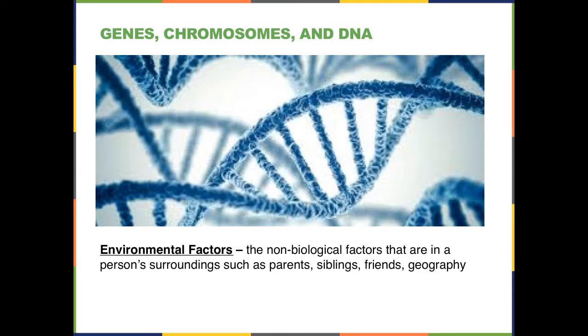Environmental factors are those factors that are in a person's surroundings, that are not part of their genes, not part of the internal aspect of the person, but they're in the surroundings. So they're who their parents are, who their siblings are, their friends, their other relationships, their geography.